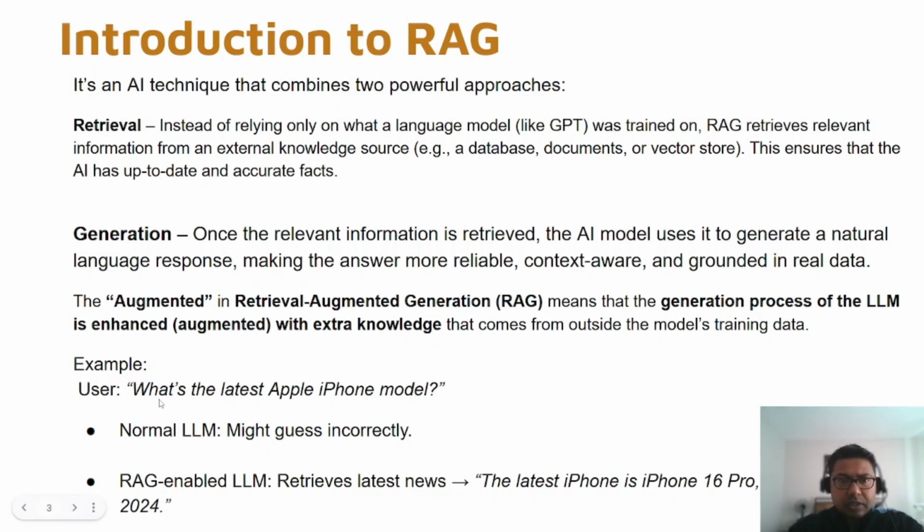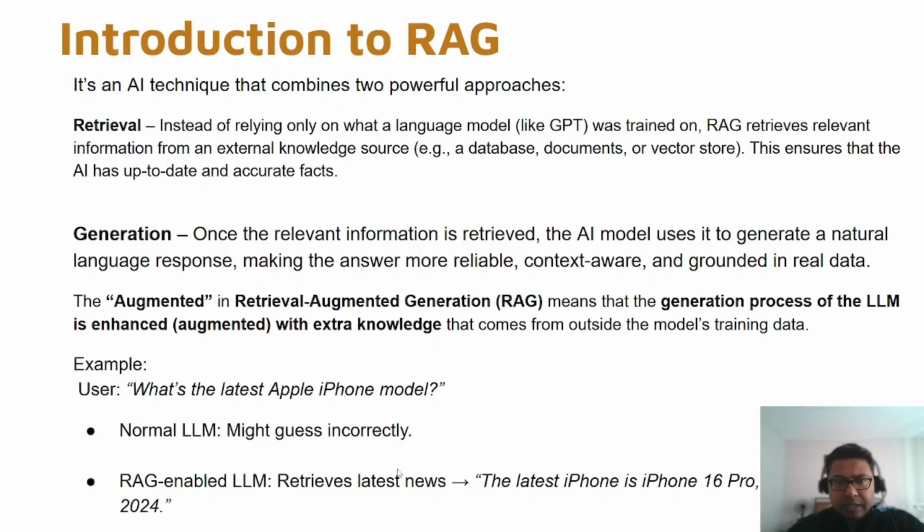Example: say we ask a normal LLM, what's the latest Apple iPhone model? It probably won't have the latest information and it may provide a guessed answer. But if we want to ensure that the LLM always gives an accurate answer, then we can feed it this data: the latest iPhone is iPhone 16 Pro, and it was released in September 2024.